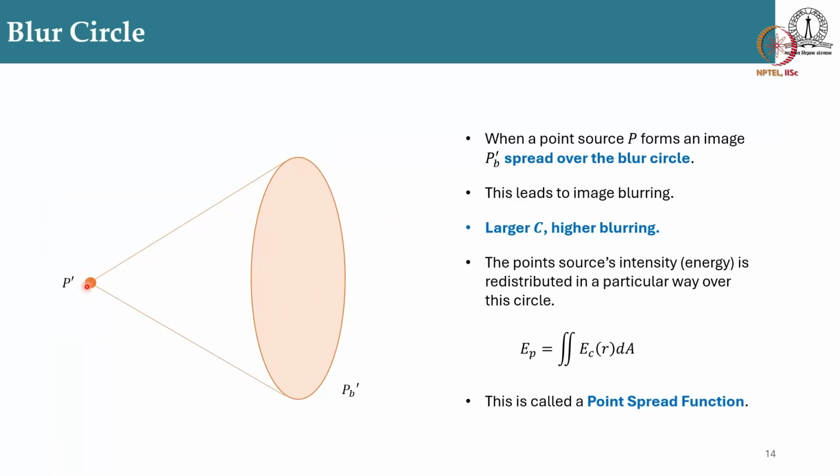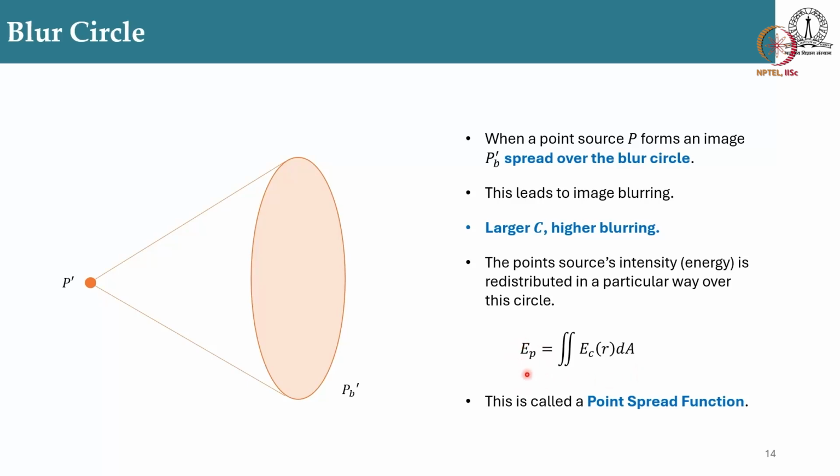This was your point, and this point information is now spread over this circle. If I assume there is an associated intensity or energy of light with this point, that is redistributed over this circle. So from the law of conservation of energy, this energy should be the same as the energy integrated over this. You can write it in this form maybe.